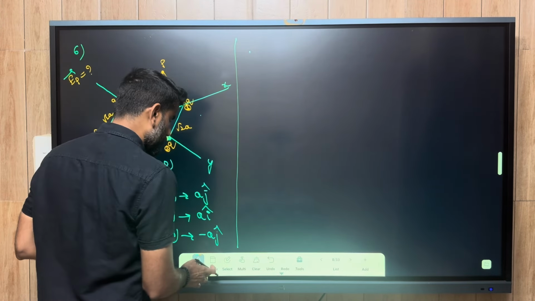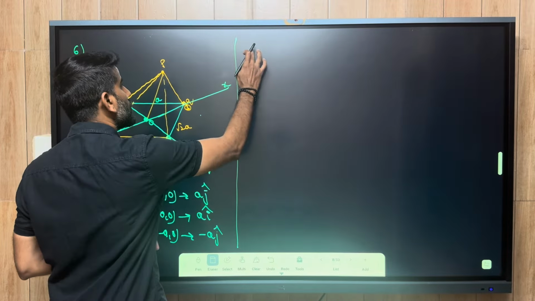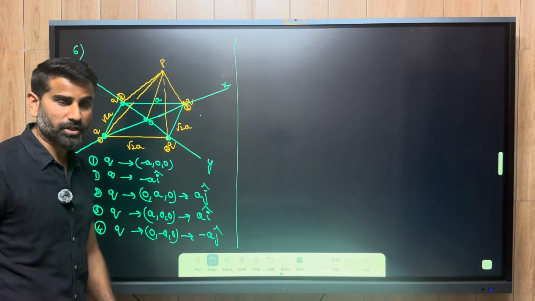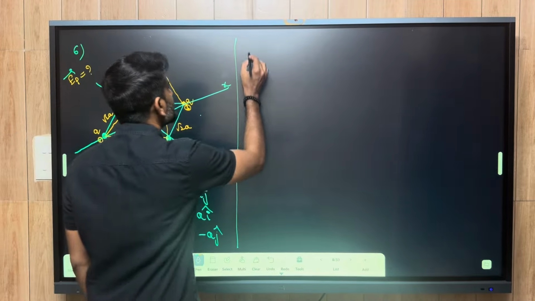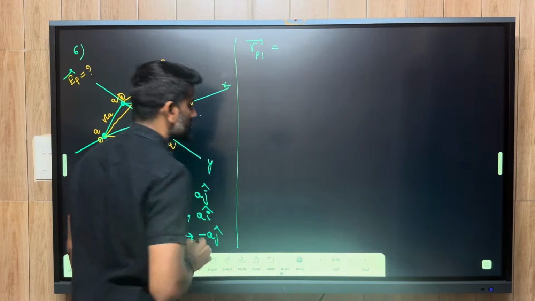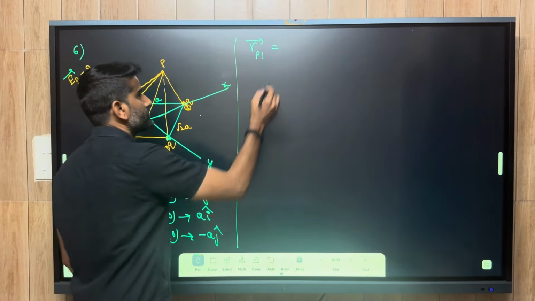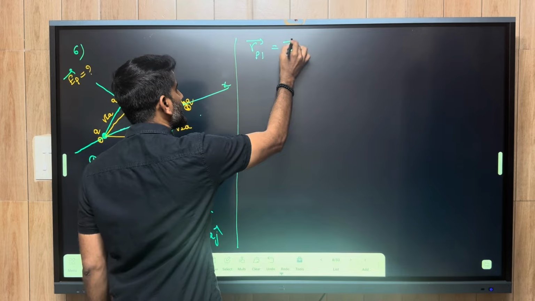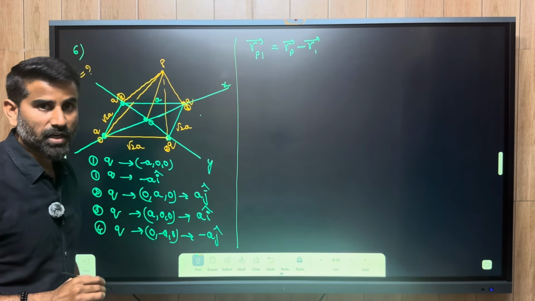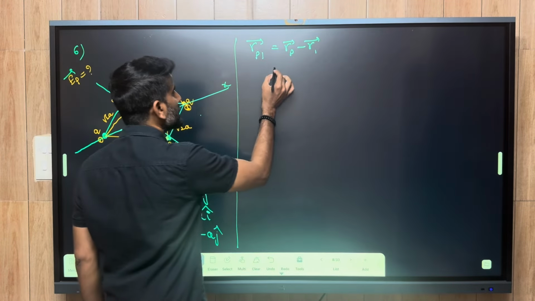Now I am going to define the position of point P with respect to each charge. Let's do that. So the position of point P with respect to 1 is the position of P minus the position of 1. Position of P is how much?